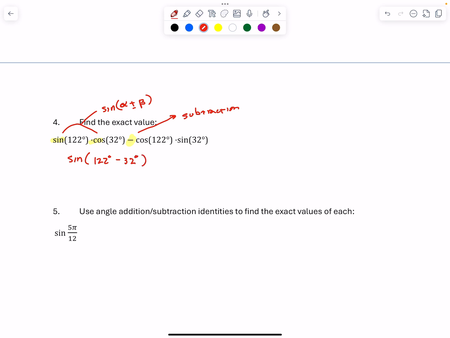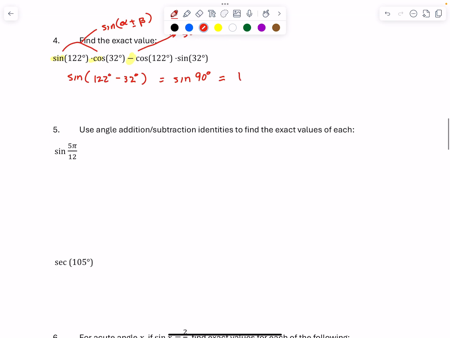Once you get the hang of doing this, they're very straightforward. Don't forget to find the final answer. Sine at 90 degrees is 1. There you go.